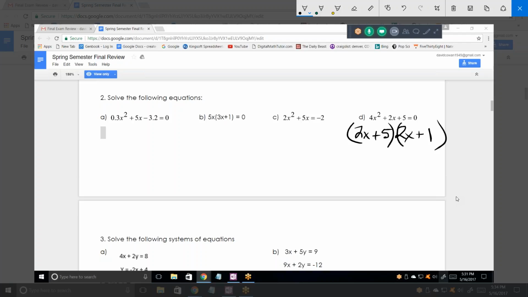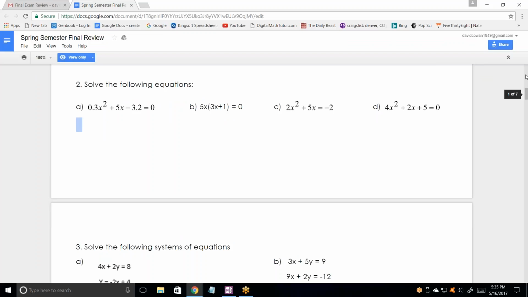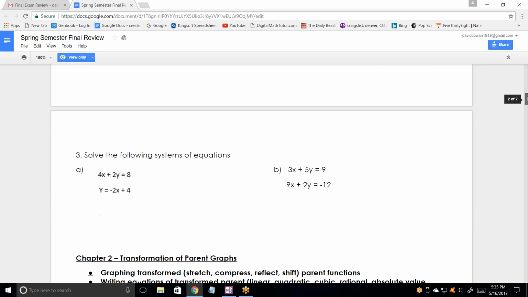And that produces a gigantic middle term, which we don't have. We got 2x. Even if I try 4x and x, there's still no way I'm going to get as small a term as 2x. Therefore, it can't be factored normally, and we do have to use the quadratic formula on it. Again, we've gone through the quadratic formula enough times that I don't think you need more practice on that.